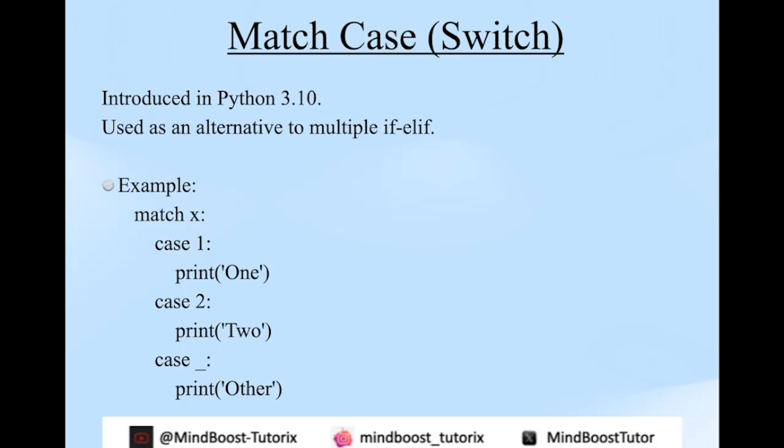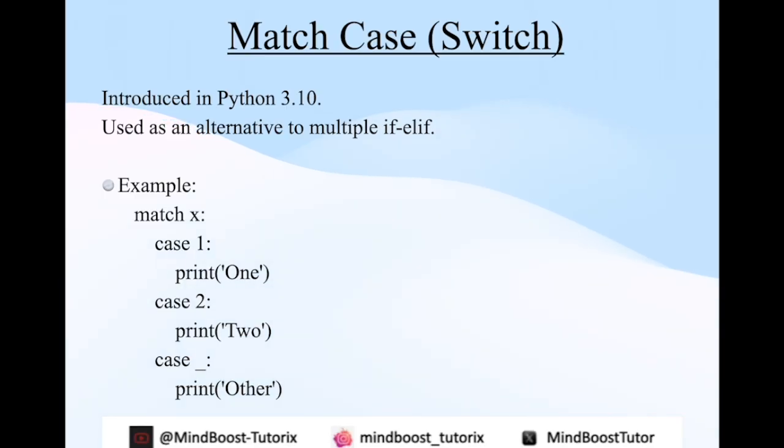Suppose you are giving 1 to x, then case block 1 will print 1. And suppose you are giving 2, then it will print the second block, 2, because case 2 matches your value, then it will print 2, right?